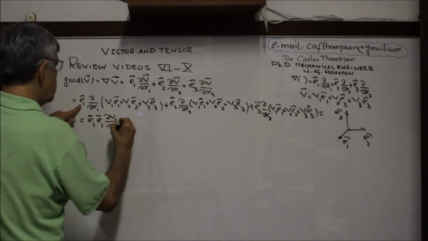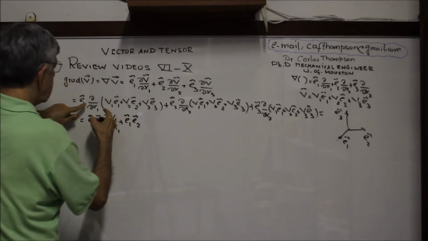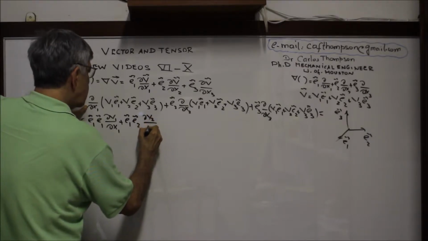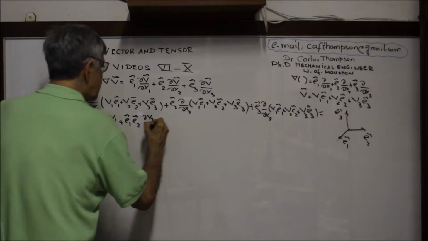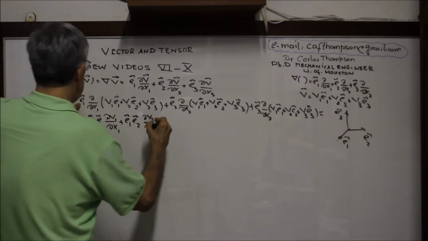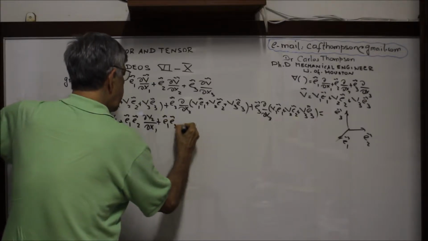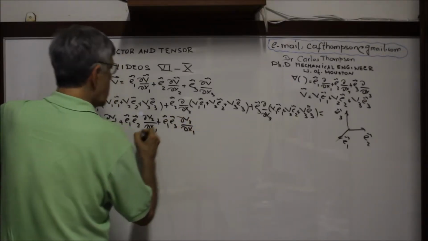So this will be e1 e2 partial of v2 with respect to x1 plus, now, e1 e3 partial of v3 with respect to x1.